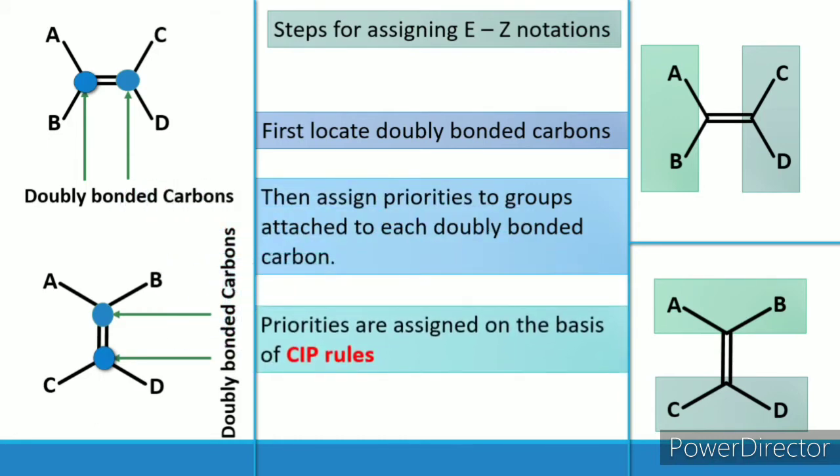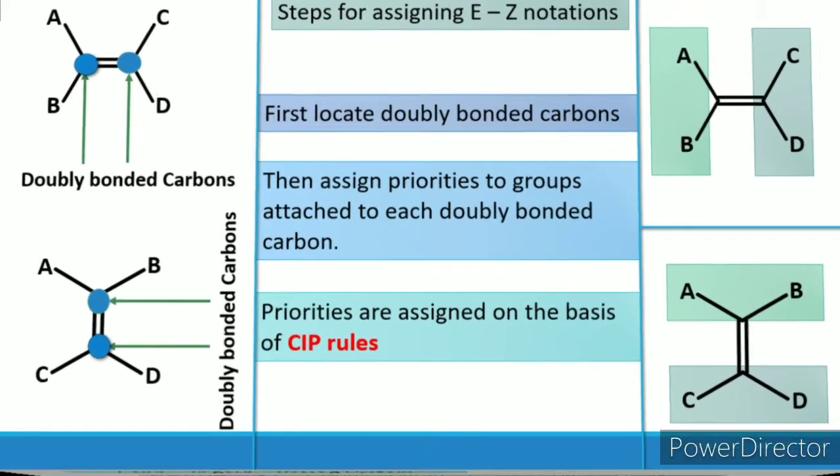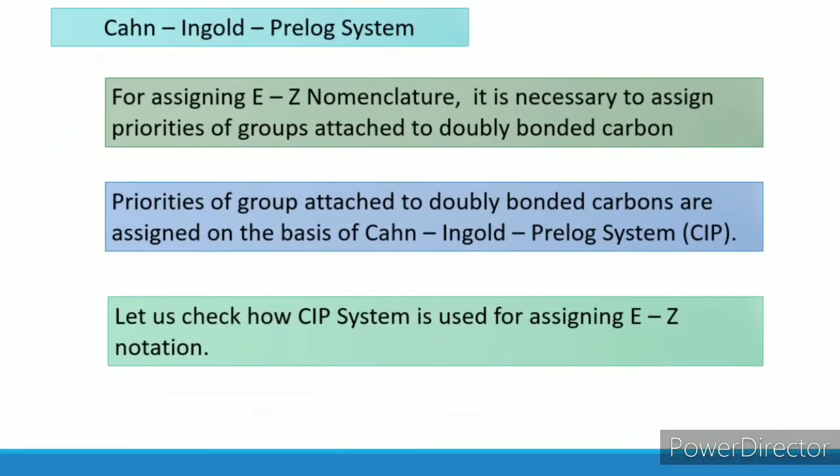Priorities are assigned on the basis of CIP rules. CIP, that is Cahn-Ingold-Prelog rules, are a set of rules which help us to decide priorities of groups. Now, what we'll do is, we will learn these rules simultaneously while assigning EZ notations.